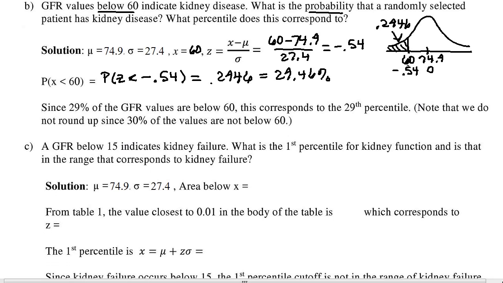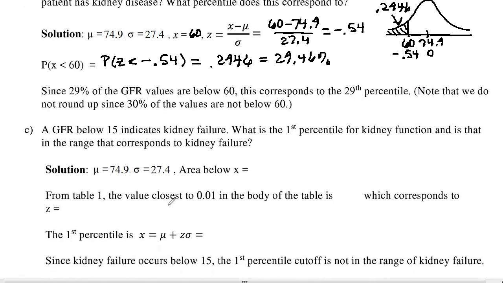Okay, well, what we want to do here, with our mean 74.9 and our standard deviation 27.4, is this: if you're in the first percentile, then the area below the x value is 0.01, 1% of the area is below.